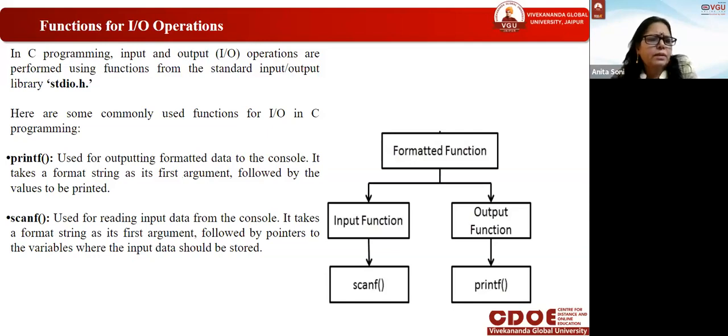Another is the scanf input function, which is again followed by a control specification, then a list of arguments. There are two types of formatted functions, input and output. For input, you use the scanf function, and for output, you use the printf statement.